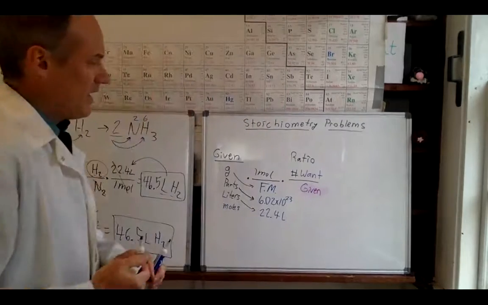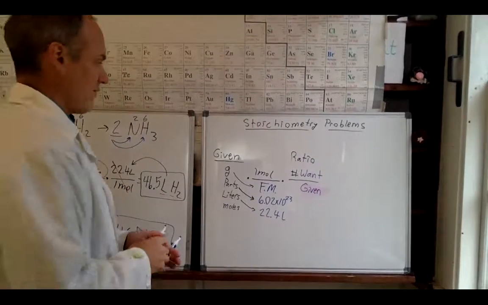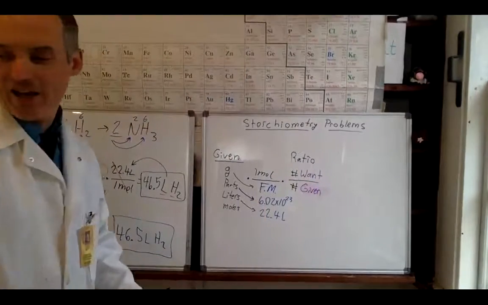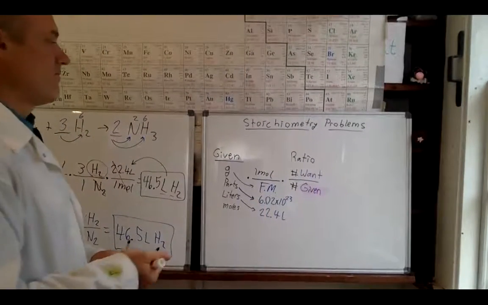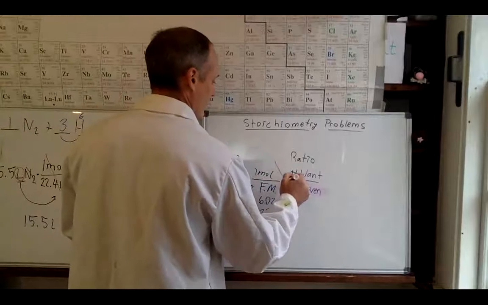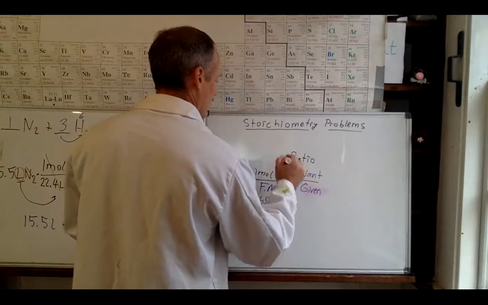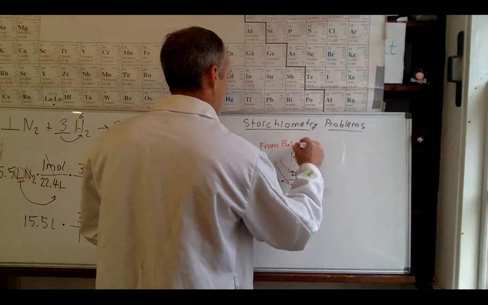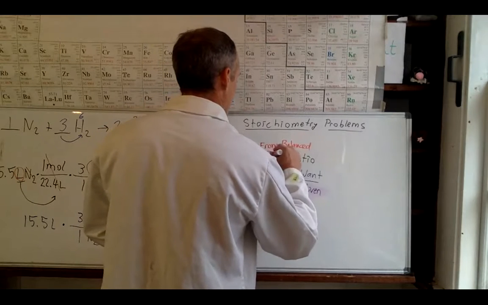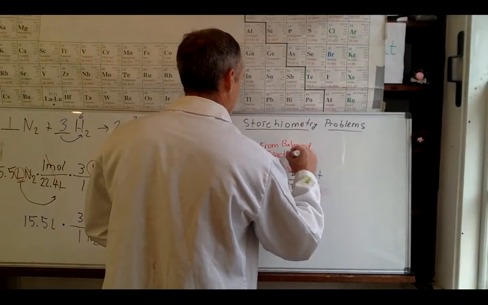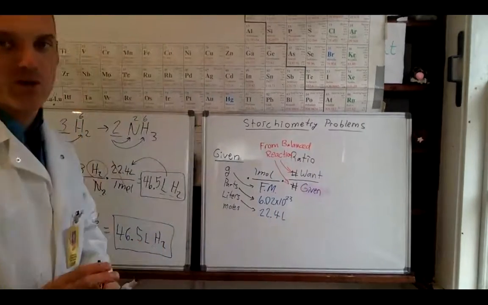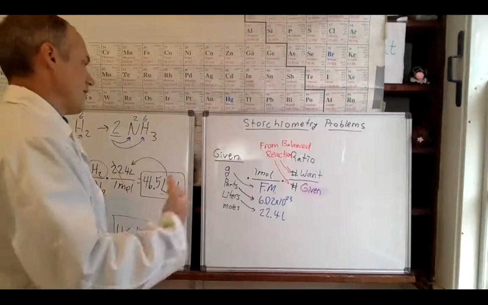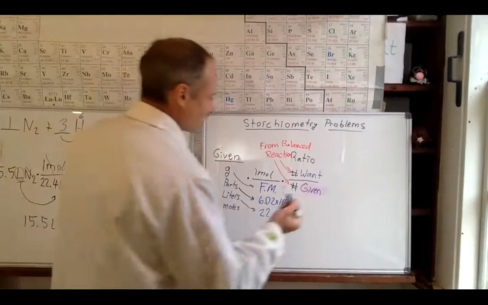Okay, and so you need a balanced chemical reaction because you need to get these numbers from the balanced reaction. Those are what we'd call coefficients from the balanced reaction. So that's how you convert from one thing to another.